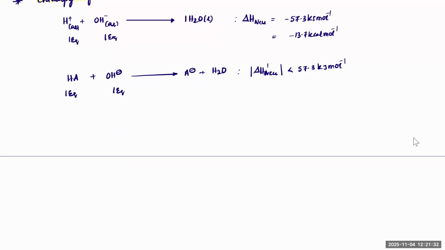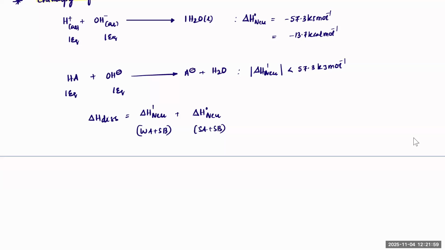Now, what is the differential amount of energy? The difference in energy is called the dissociation energy. So the dissociation energy is equal to delta H of neutralization dash, which is for weak acid and strong base, plus delta H naught of neutralization, which is for strong acid and strong base.